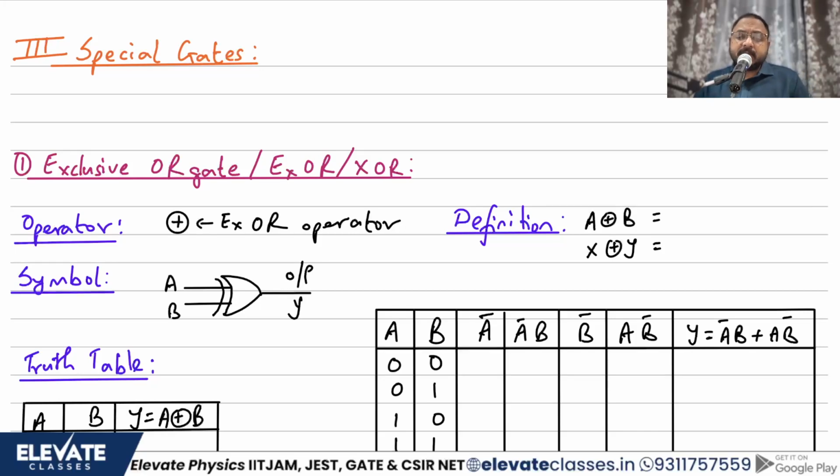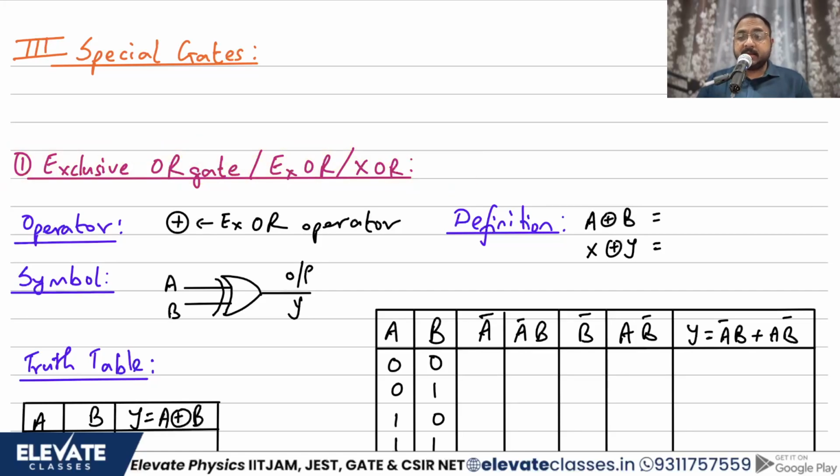Okay, now this is also called an XOR. So if you can see, there are a couple of different ways I have written it down. Sometimes it will be called exclusive OR. In some textbooks you'll just have EXOR, and in some textbooks you'll just have XOR. Whichever way it is, all these three are perfectly valid. You can call it anything.